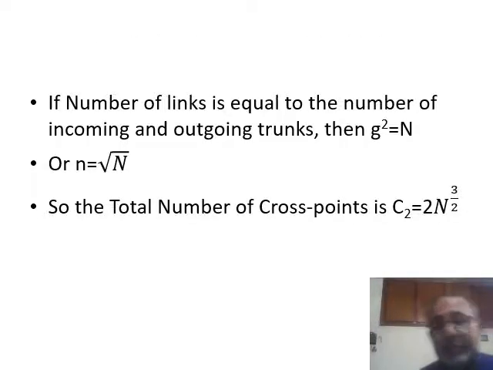If the number of links is equal to the number of incoming and outgoing trunks, then G square, which is the number of links, would be equal to capital N. What this would ensue is small n equal to root N. This is very simple arithmetic that we can use to derive from our previous equation. So the total number of cross points would be C2 equal to 2 into capital N raised to the power 3 over 2.